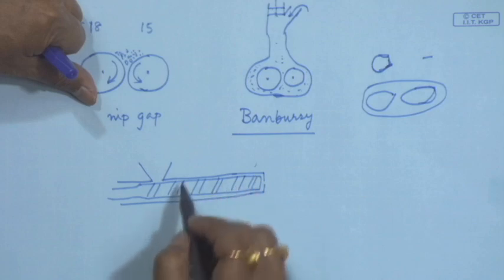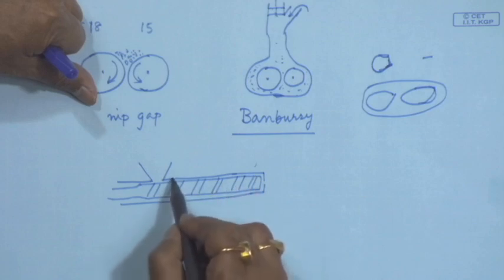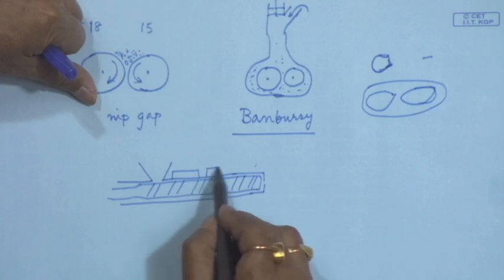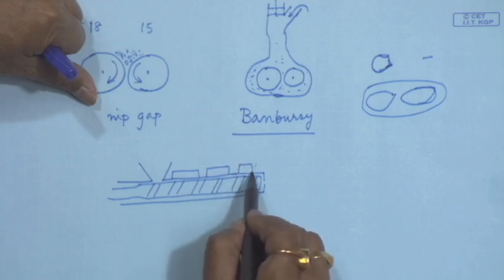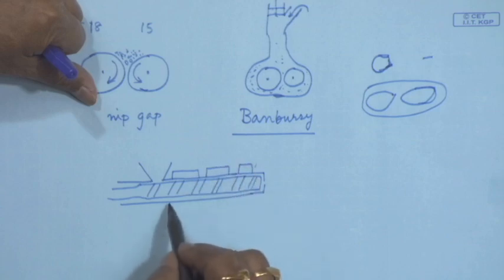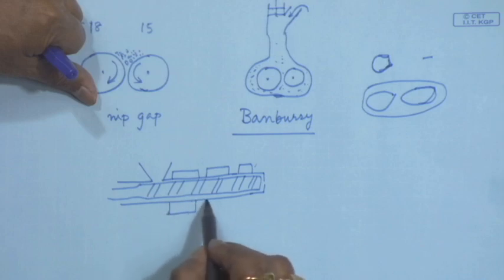So, this is a screw and this is known as the barrel. This barrel has some heating zones provided with heaters, having different heating zones.